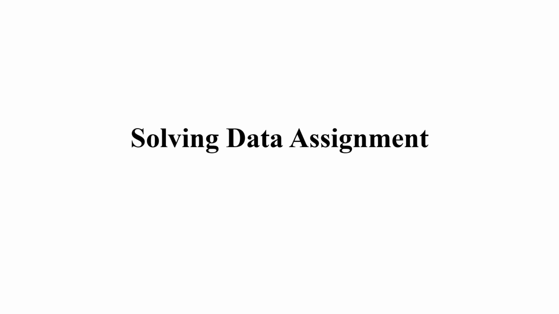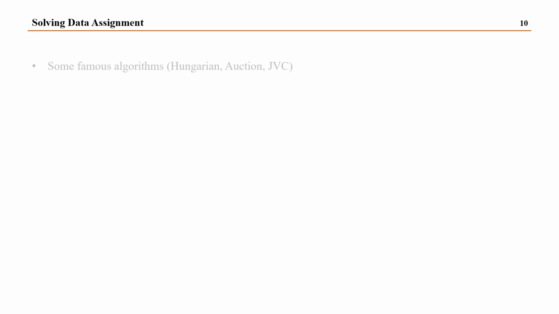We turn to the problem of solving the data assignment problem after we just formulated it. How do we solve it, and how does the hypothesis actually evolve during the filtering steps? I should mention that this problem, the way we just framed it, is actually a combinatorial optimization problem. Some of the famous algorithms to solve them are the Hungarian algorithm, auction, and GVC.